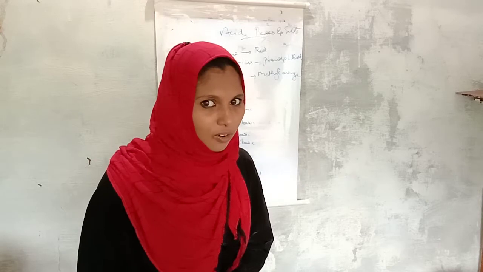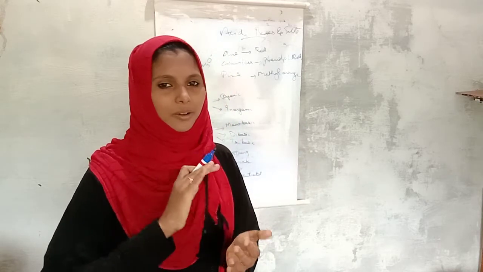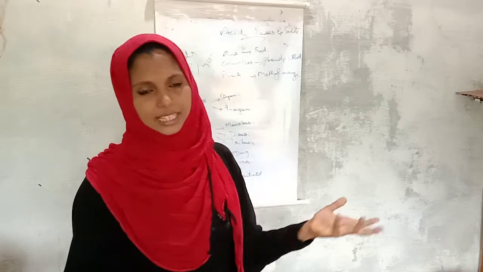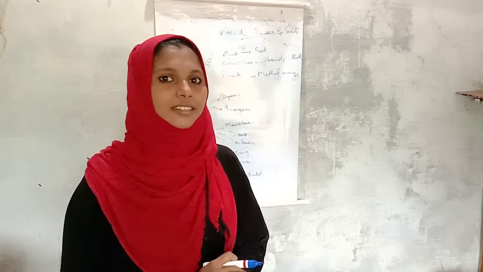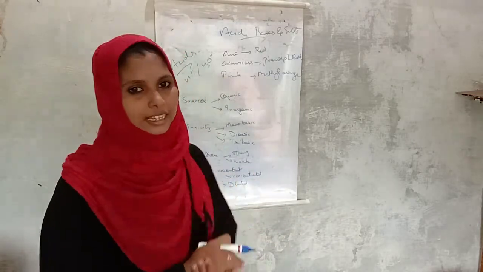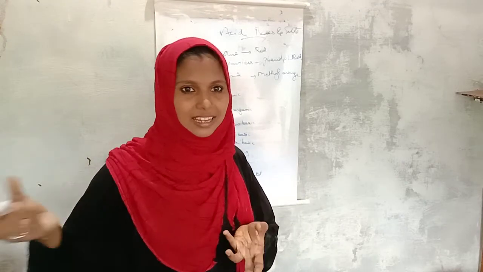Organic acids are what? Actually, the acids which are seen in living or organic substances. Organic substances means living substances. Okay, such kind of acids are known as organic acids. For example, formic acid, which can be seen in ants and all.